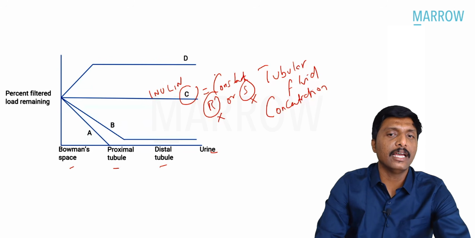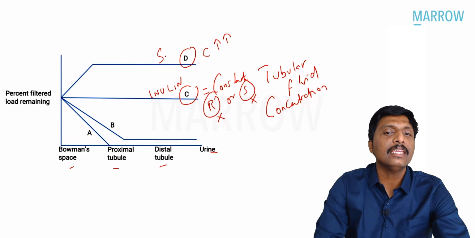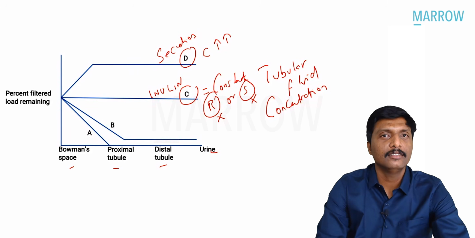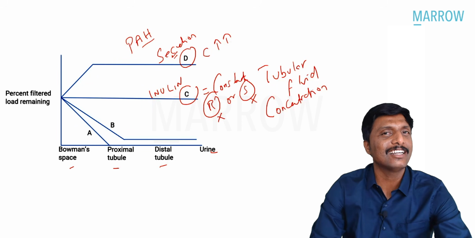Now look at this guy, D. In the tubular fluid, his concentration increased. That means somebody is actively secreting him. You understand now? Why is the substance's concentration increasing in the tubular fluid? You are giving something into the tubular fluid, but you are getting more than that because he is getting secreted.